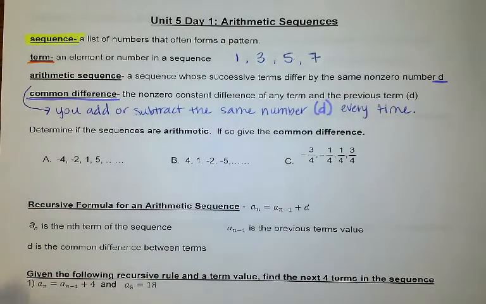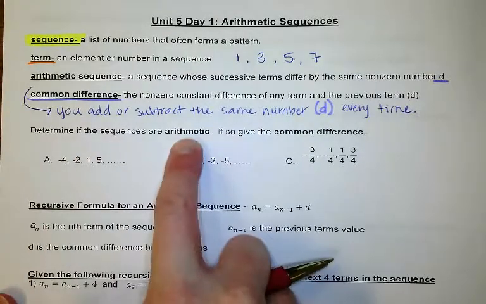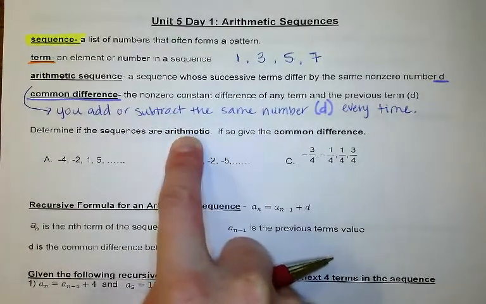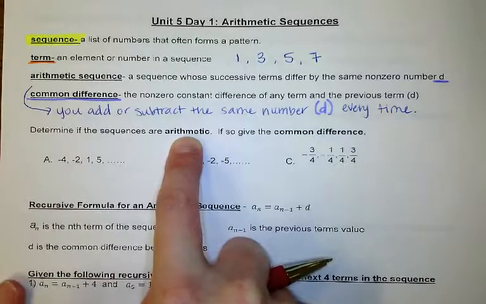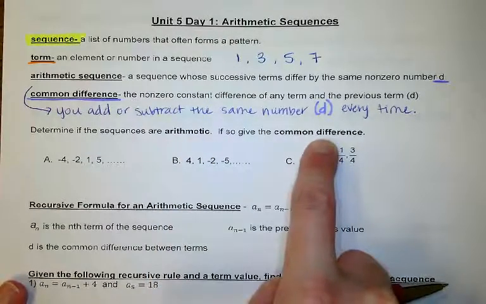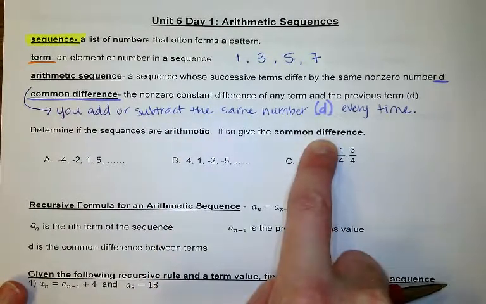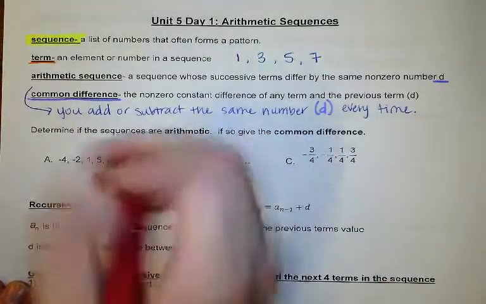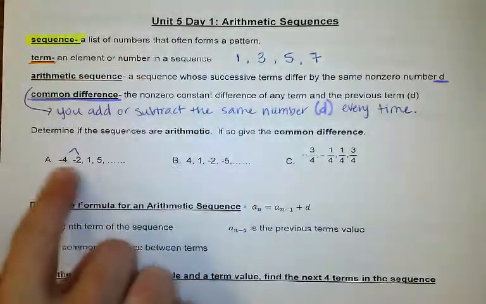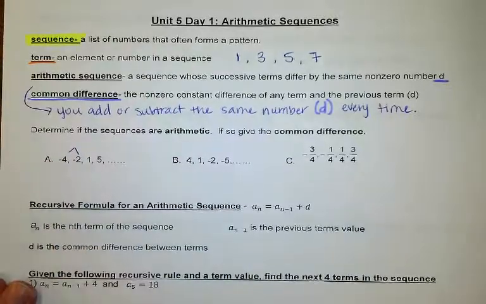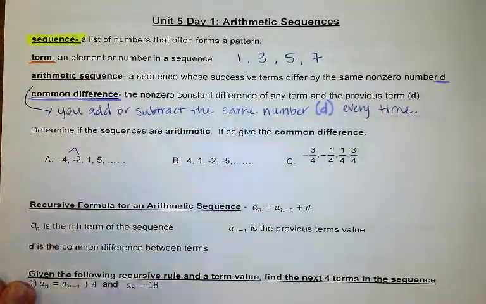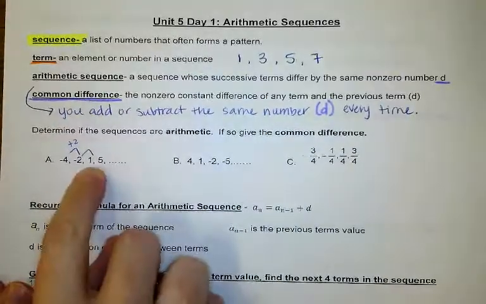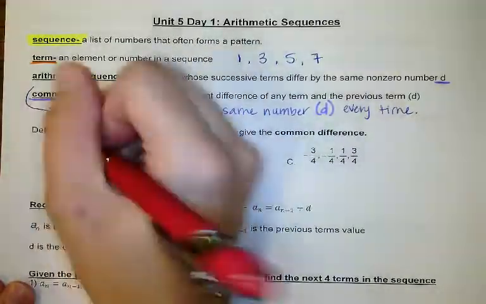Now, we want to determine if these sequences are arithmetic. Not all sequences are, okay? We're going to learn about a different one the next unit. And if it is arithmetic, we want to give the common difference. So what I'm going to do is look here and let's see what happens. What am I adding or subtracting to get from -4 to -2? I'm adding 2. Okay, then what do I do to get from -2 to 1?